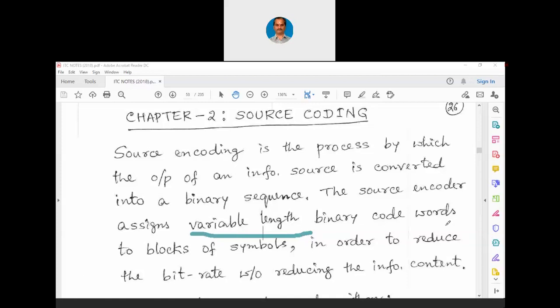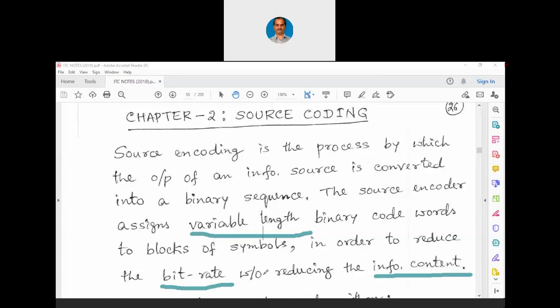Please understand this: to blocks of symbols. Blocks of symbols is nothing but a sequence. In order to reduce the bit rate without reducing the information content. The information content is not going to be reduced, because we are relating information with probability, that is real.